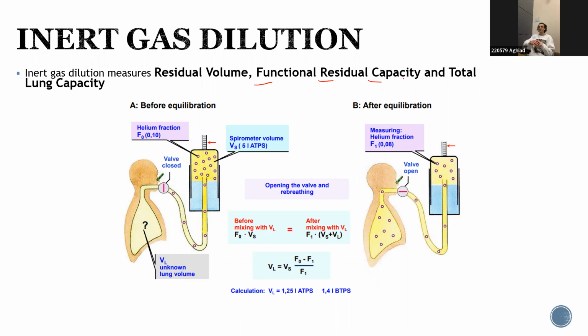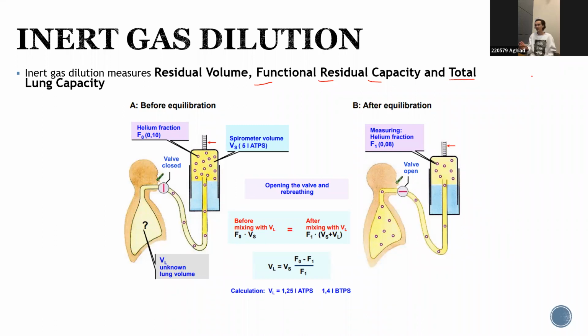So the inert gas dilution method helps us measure the residual volume and the functional residual capacity. We're going to discuss what that is in a bit. And then the total lung capacity. Obviously, if there's one missing volume you did not measure, you can't measure the total lung capacity.